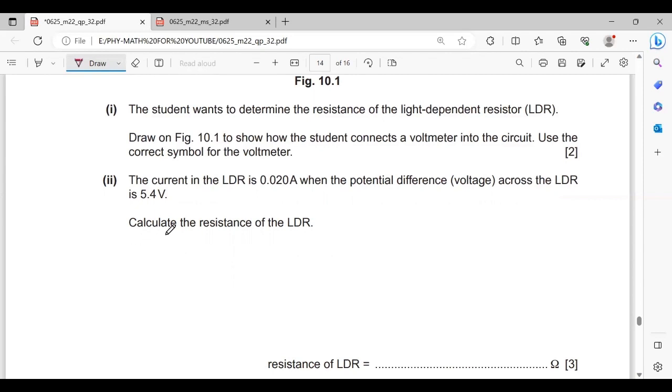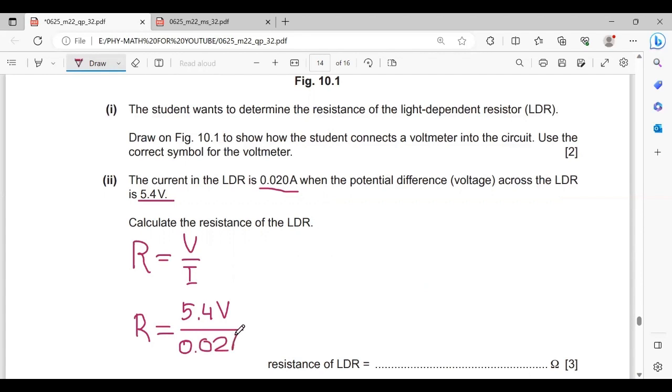Okay, it means, yeah, this is the potential difference, and this one is the electric current. So the resistance R equals V over I. So resistance equals 5.4 volts over 0.02 amps.